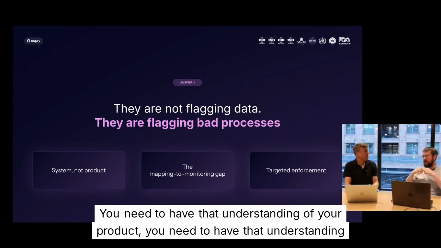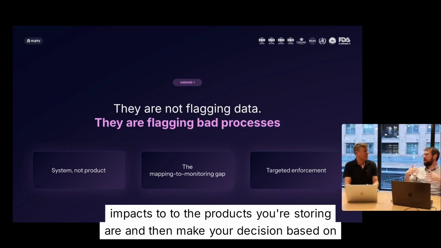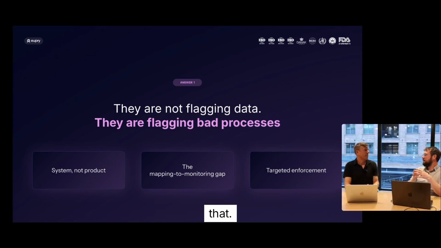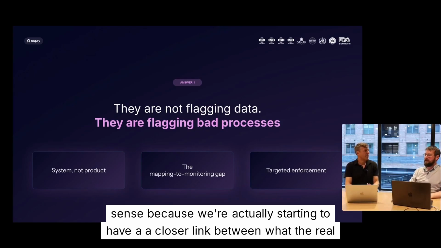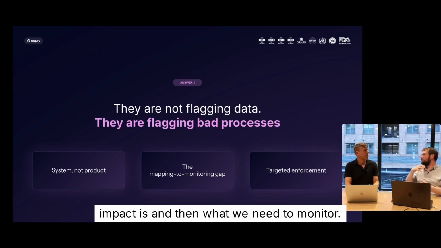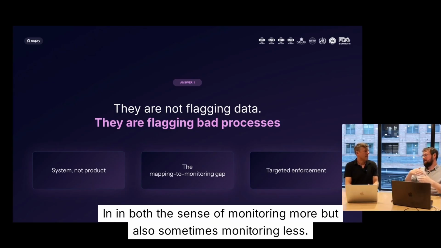You need to have that understanding of your product. You need to have that understanding of what the impacts to the products you're storing are, and then make your decision based on that. And I think it's a very positive development in many senses, because we're actually starting to have a closer link between what the real impact is and then what we need to monitor. In both the sense of monitoring more, but also sometimes monitoring less.